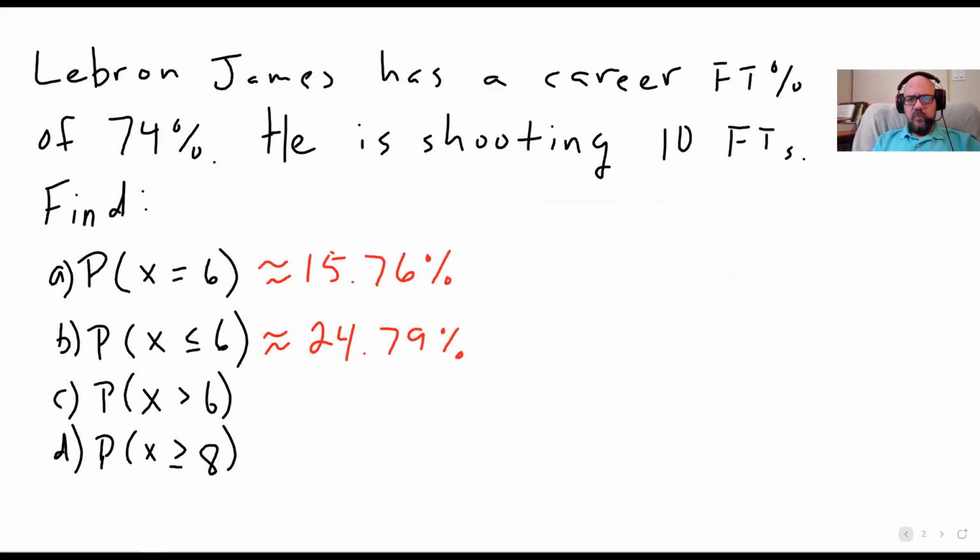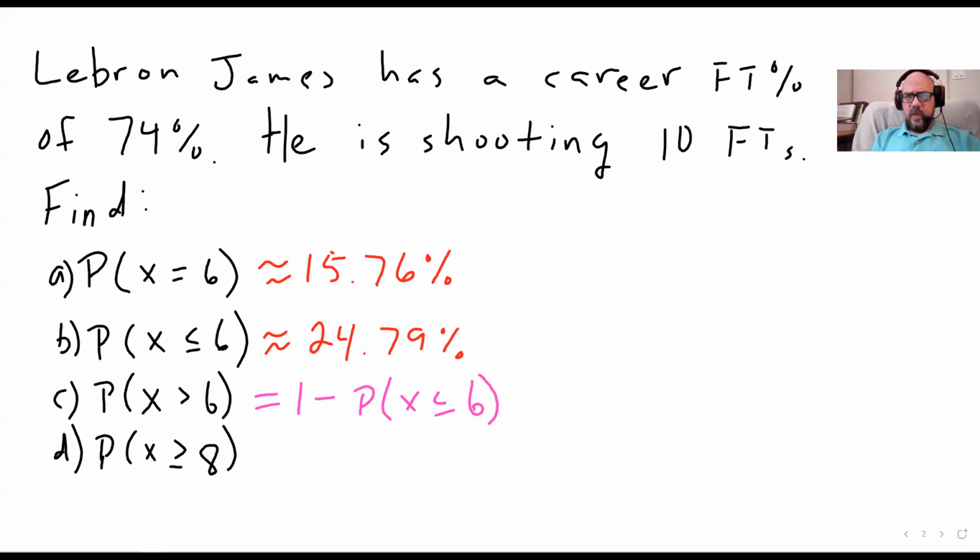Okay, so when I'm looking for the probability that x is greater than 6, I'm instead going to do 1 minus the probability that x is less than or equal to 6. Right, and then we're going to find out what that is.